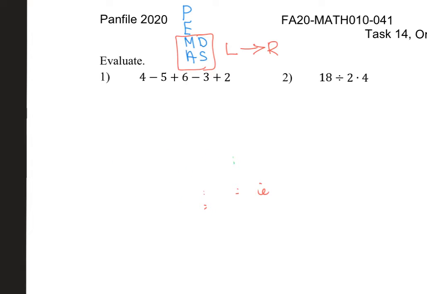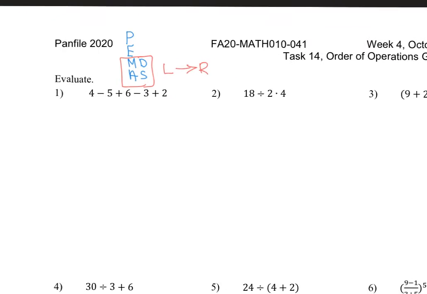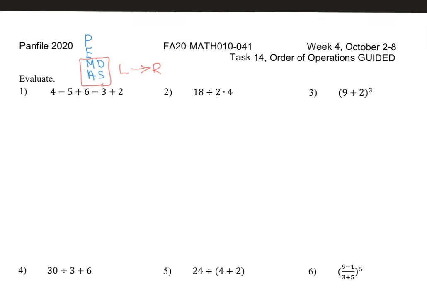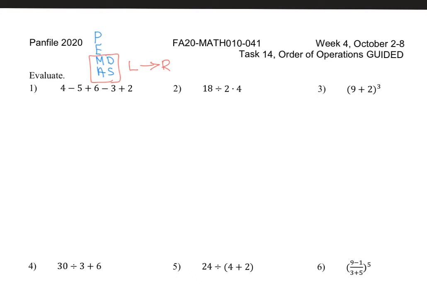All right, so if we look at number 1, I gave you an example of this. We just have a bunch of addition and subtraction. So we know that with addition and subtraction, it does not matter what comes first.